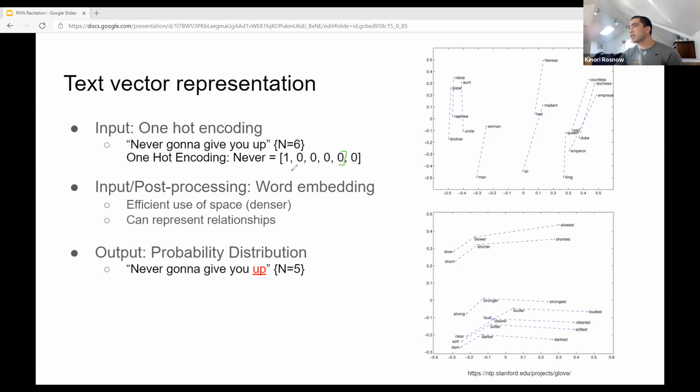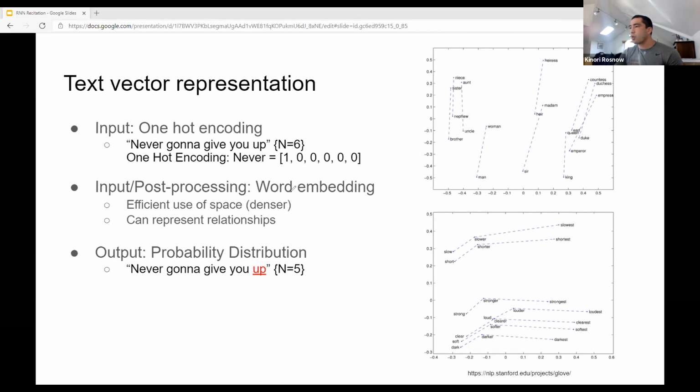But the space will increase linearly with the number of unique words that you encounter. This can get very inefficient. You make very sparse information. The input to the neural network might have to be really big with a lot of useless information.